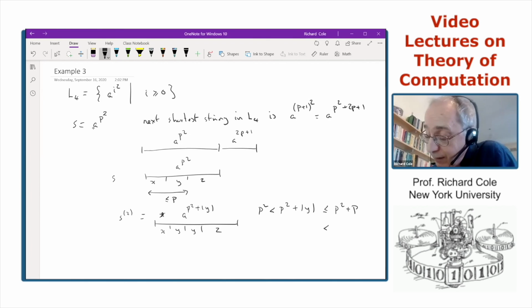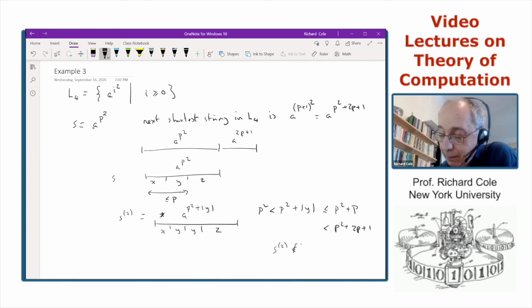And this is less than p squared plus 2p plus 1. So this string is shorter than the next shortest string in L4. And so in fact, it can't be in L4 because it's longer than the string we started with, but it's shorter than the next shortest string in L4.